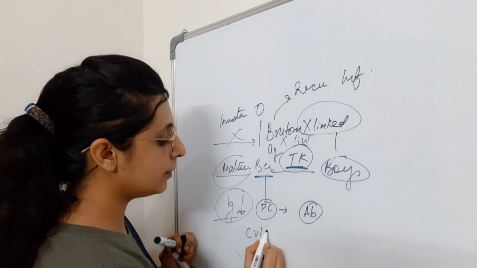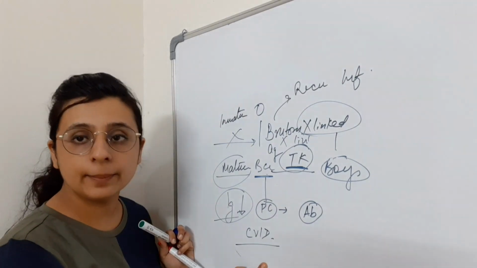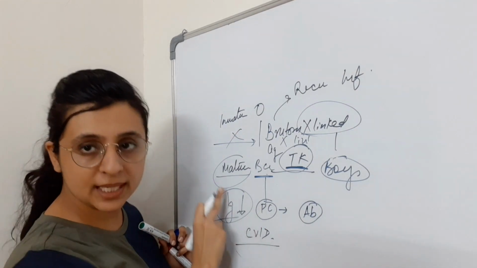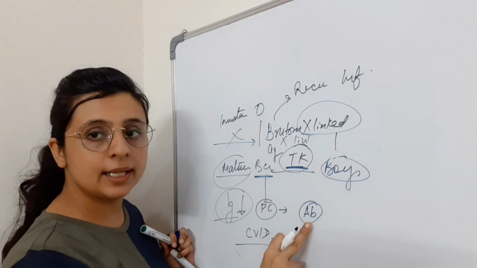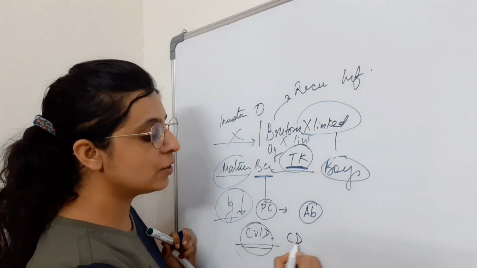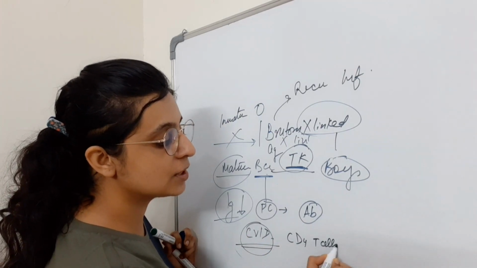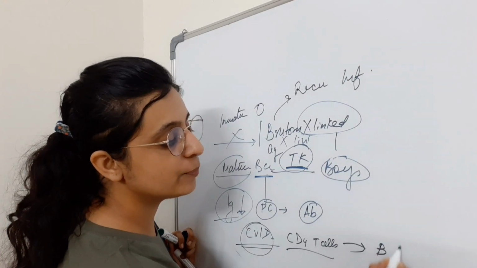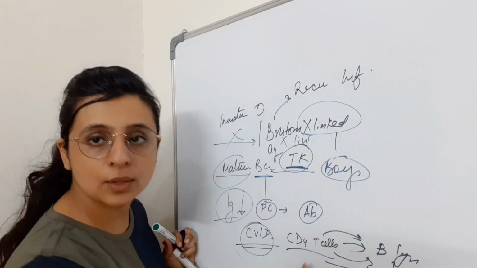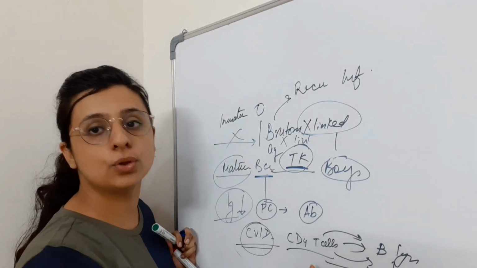Next, common variable immunodeficiency, due to multiple mechanisms, again leads to a defect in the maturation of B cells and thus a defect in the antibodies. Also, there is a defect in the signaling of CD4 T cells, which is required for activation of B lymphocytes, and this activation does not occur and the subsequent immunoglobulins are also not formed.